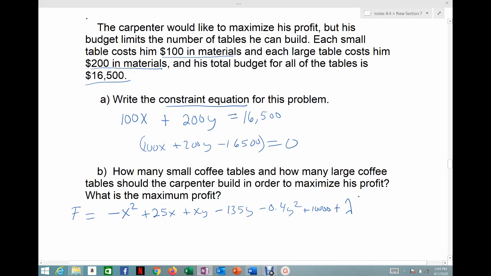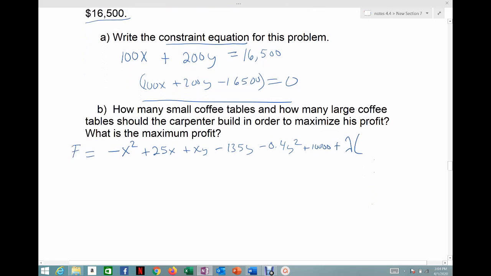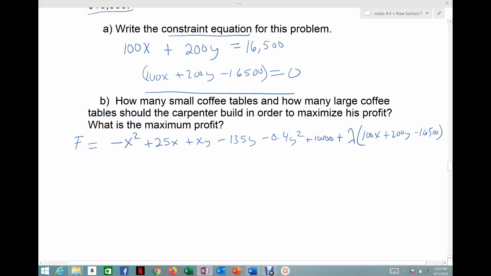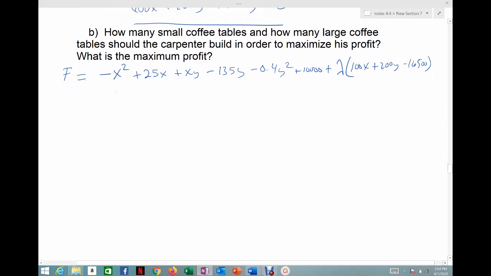And then it's lambda times that constraint equation where I've set it equal to 0. So that 100x plus 200y minus our 16,500. And I barely fit it on my page, but I did. Alright, so now we've got everything that we need to find our partial derivatives and then solve.